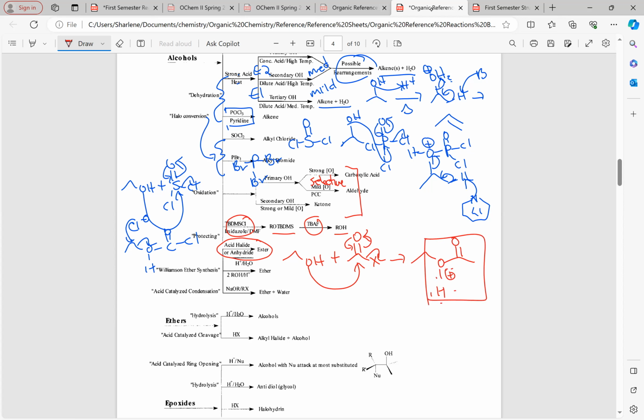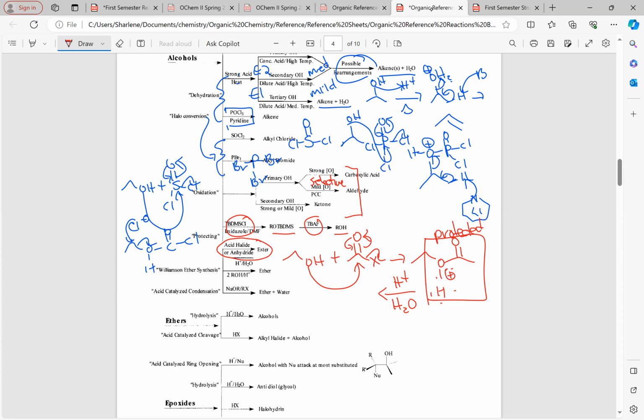This is now protected as an ester. If you want to get it off, okay, the other direction, you're going to add some acid and some water. You're going to hydrolyze it. Okay, so that is another protecting group for the alcohols.